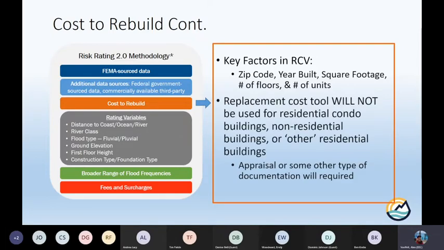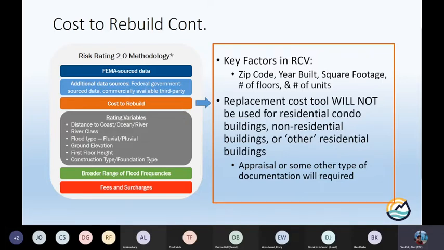And then I do want to give you guys an FYI. This is not super important for you as floodplain managers, but I want you to be aware that not all insurance policies are going to use replacement cost. Most are, but there are a couple different types, like condo buildings, non-residential buildings, or other residential buildings that are going to be required to submit some type of documentation with their application for flood insurance.